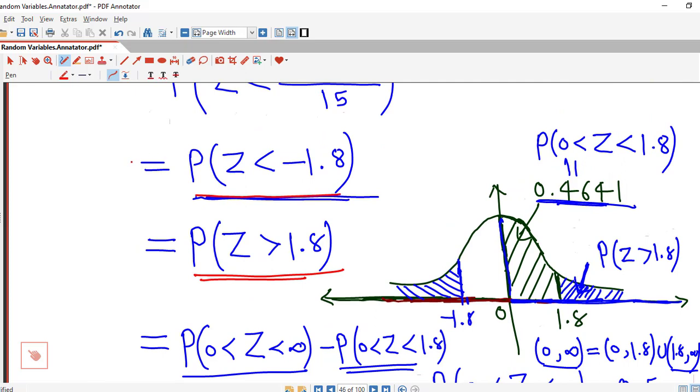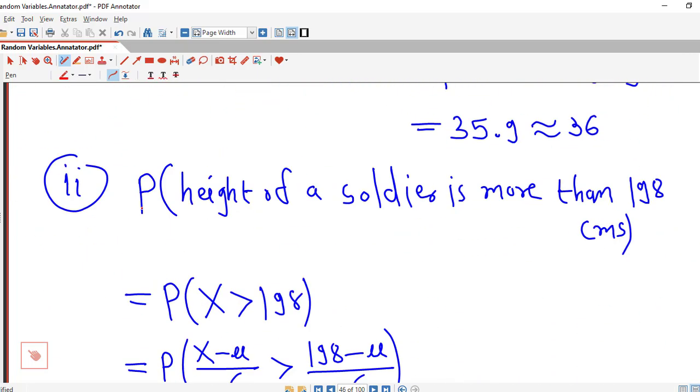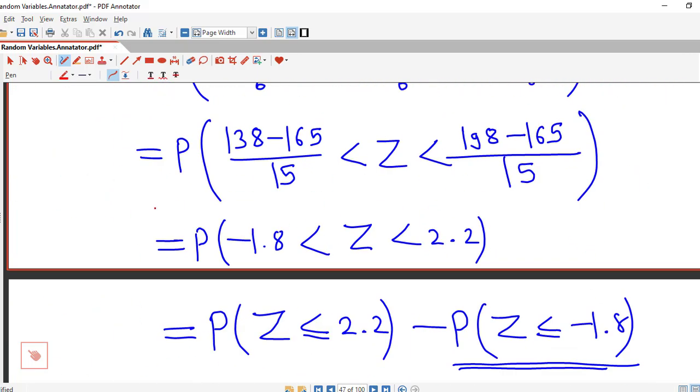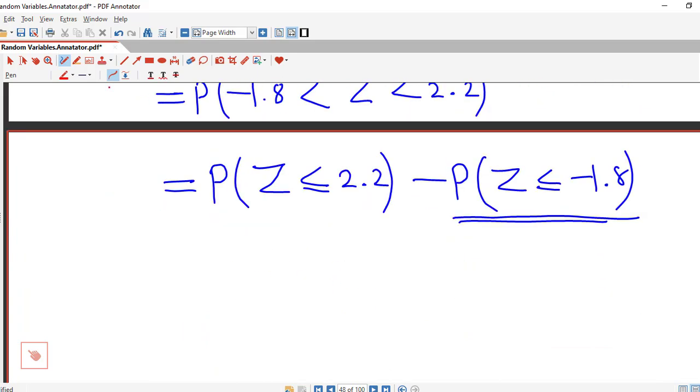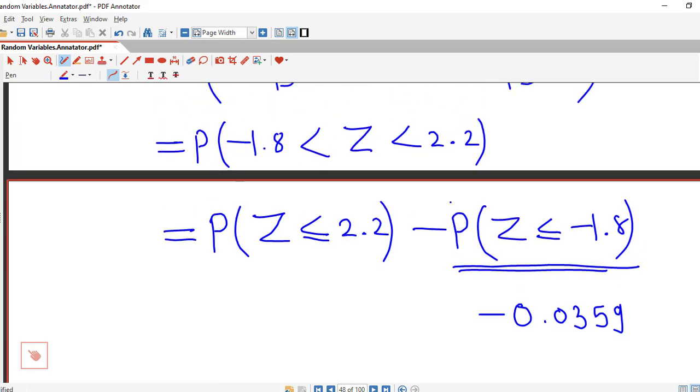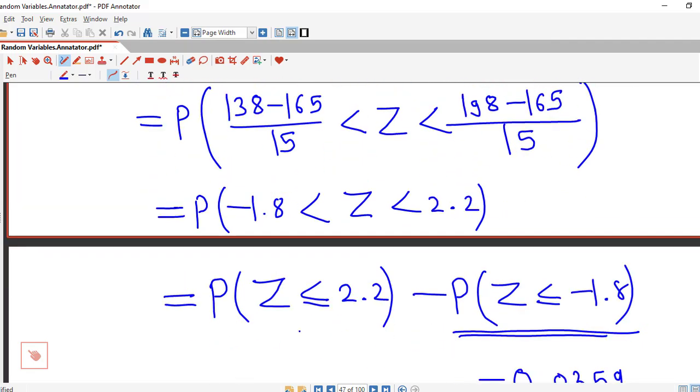We write this directly from part 1. So first I write this probability, 0.0359. Now I am interested in the probability that Z is less than or equal to 2.2.